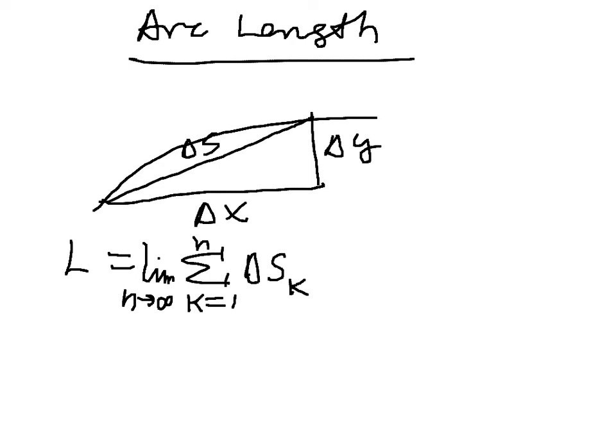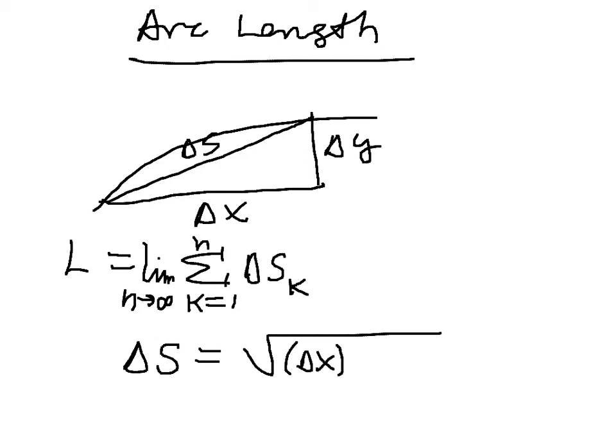So that picture should be familiar. Also, you should be able to recognize that delta s in any one of these cases is just the square root of delta x squared plus delta y squared. So here we're starting exactly the way we started with a function of one variable. It's what happens after this that becomes a little bit more interesting.